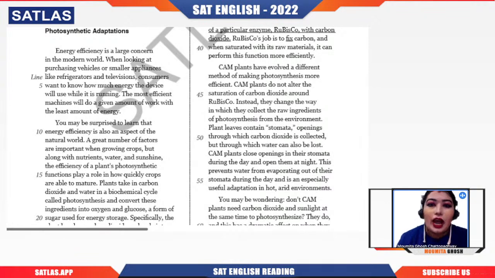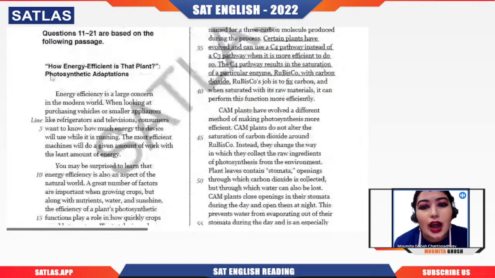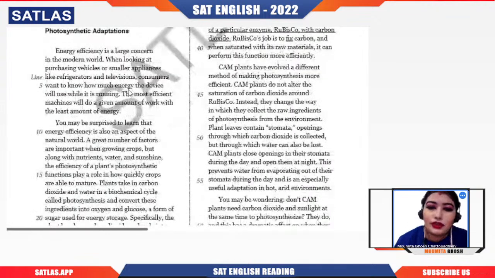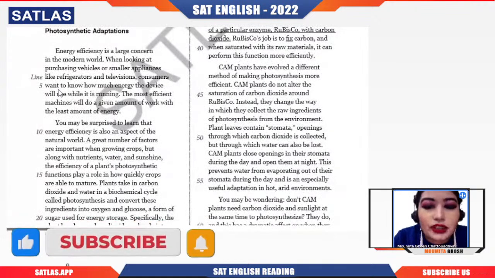Our topic today is how energy efficient the plant's photosynthetic adaptations are. Let us start from the very first paragraph. Energy efficiency is a large concern in the modern world.